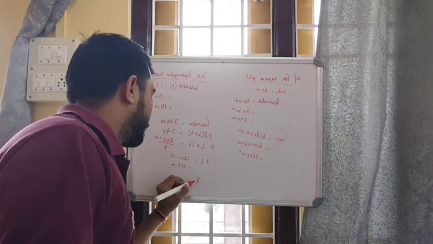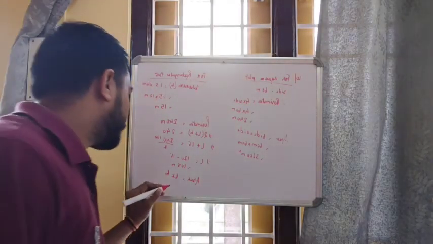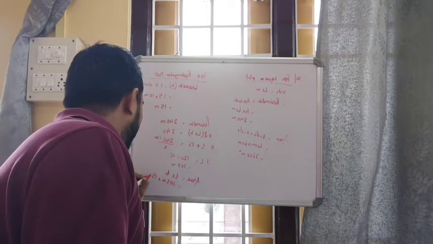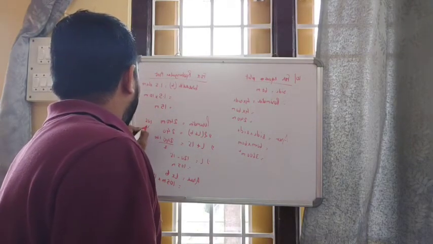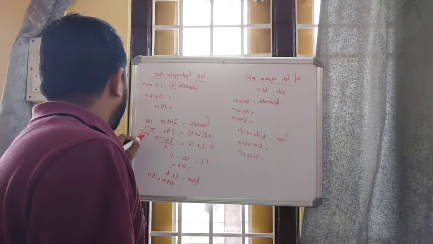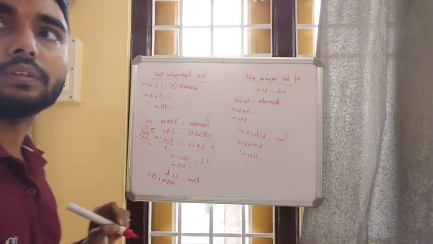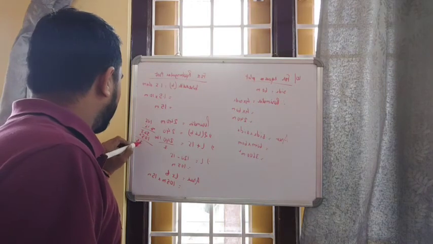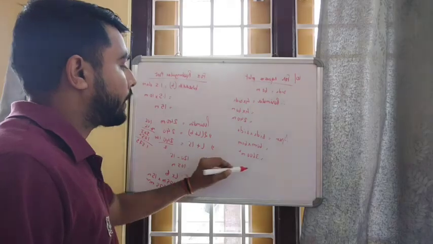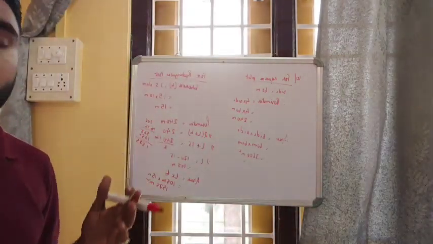And here area will be length into breadth, that is 105 meter into 15 meter, which is 1575 meter square. That means the area of the square plot is more, isn't it? And by how much? You just subtract it, you will get your answer.